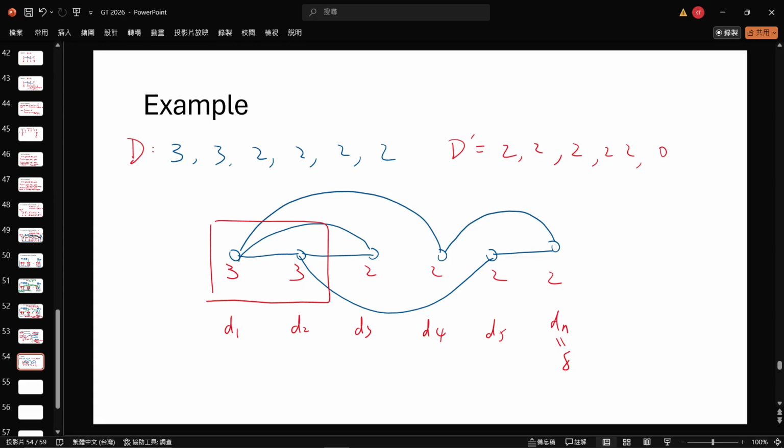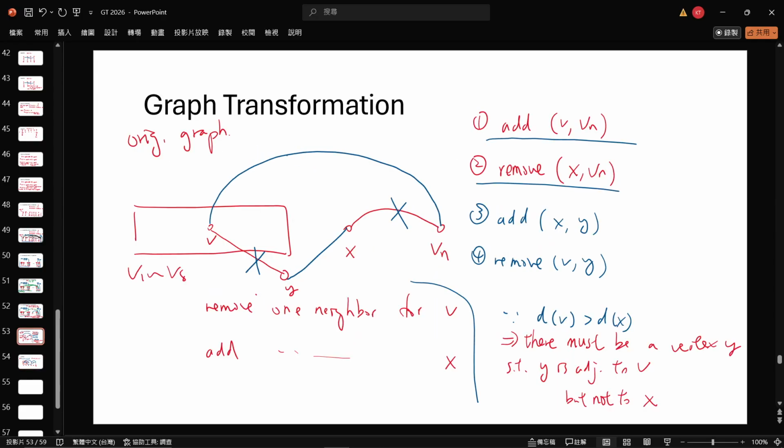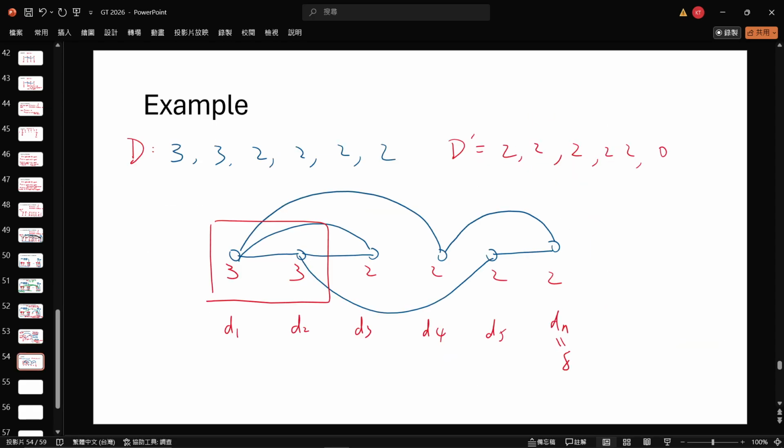So what we'll do is we will transform the graph. If we use this notation, this means I want to make sure that Vn is adjacent to some vertex in this box, and let's call it V. For example, V can be this vertex, a vertex in the red box that is not adjacent to Vn.